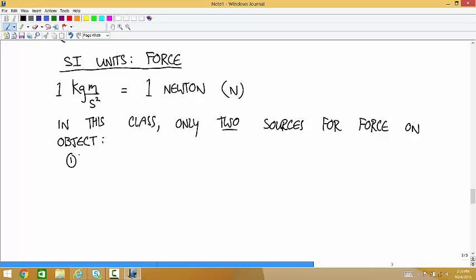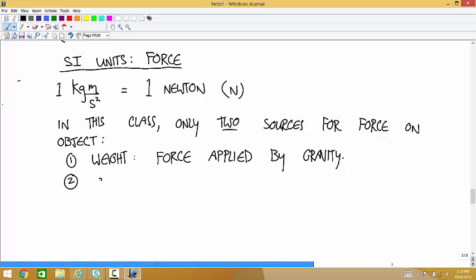The first one is weight. That's the force applied by gravity. And the second one is contact with another object.